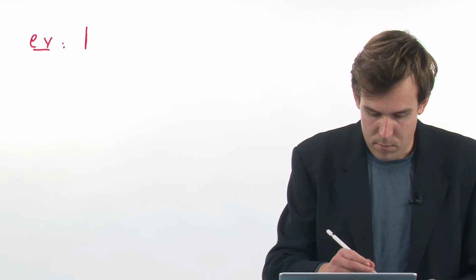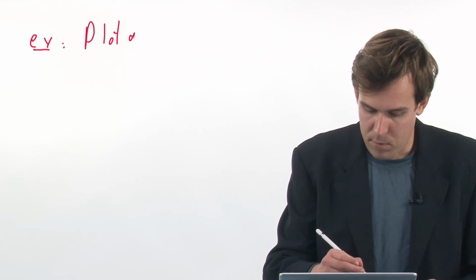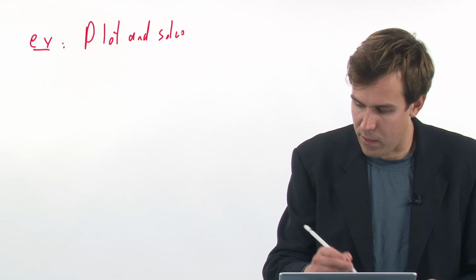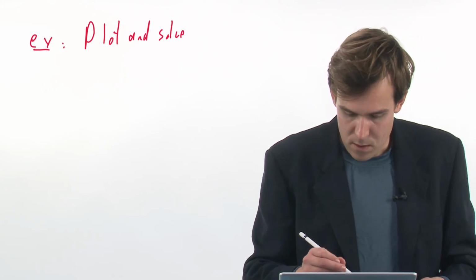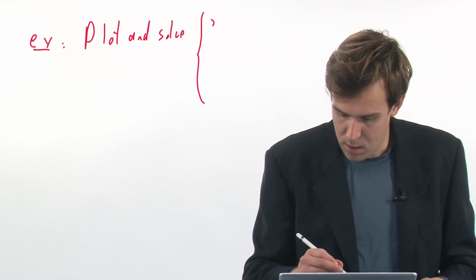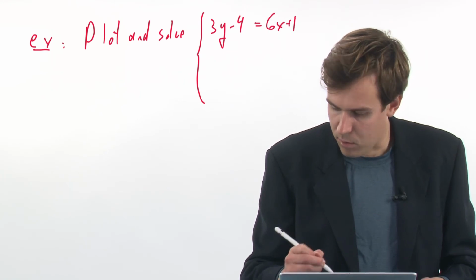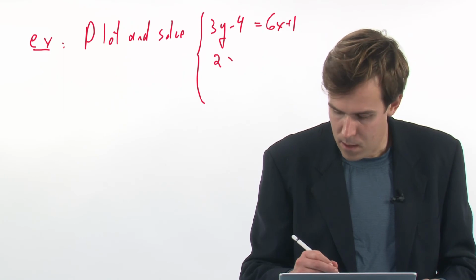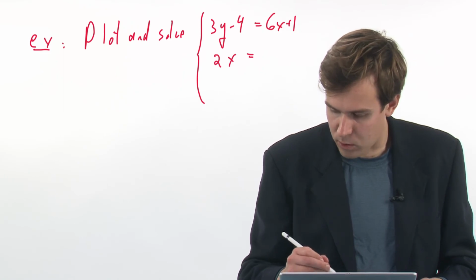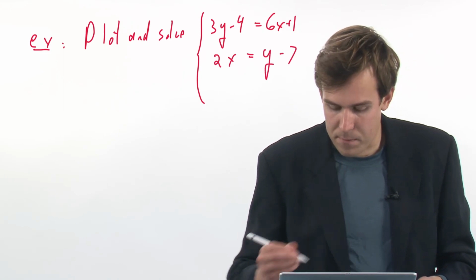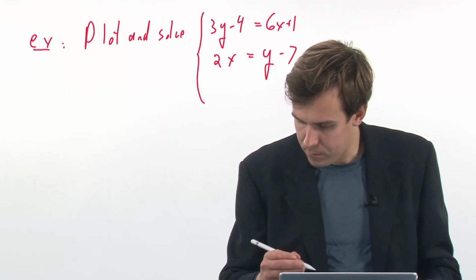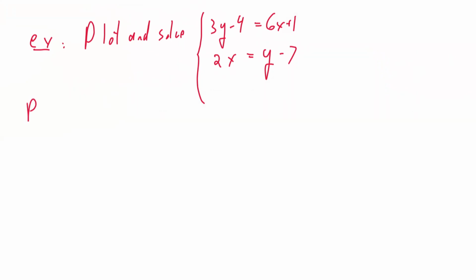So let's plot and solve another system of equations. 3y minus 4 equals 6x plus 1. And 2x equals y minus 7. So we'll put these into slope-intercept form, so plotting is easier.